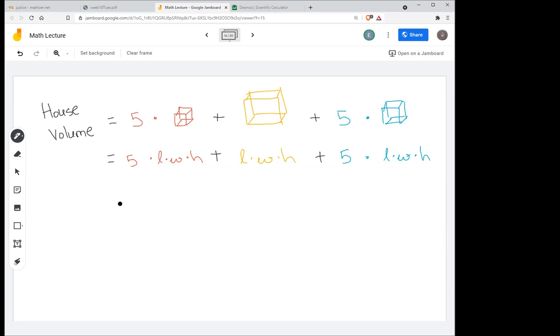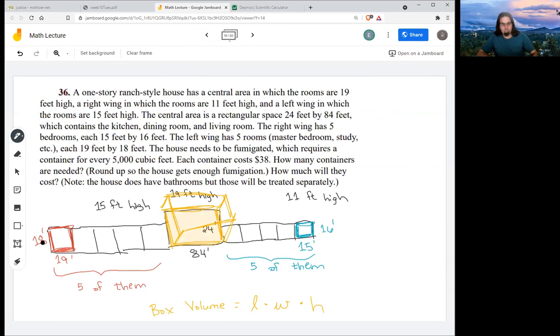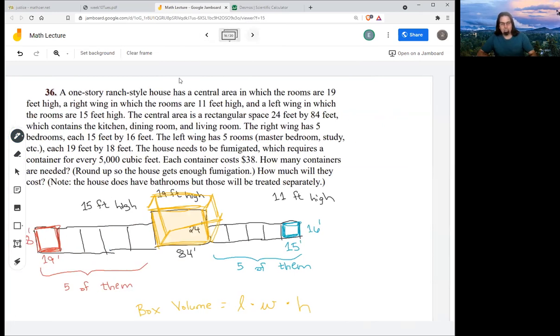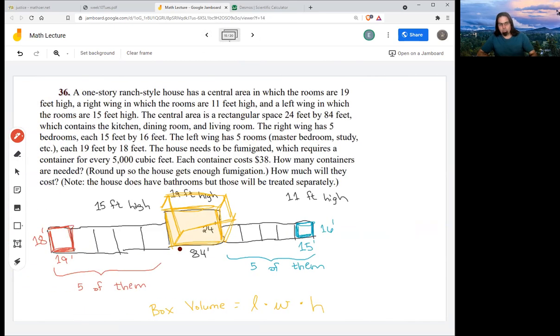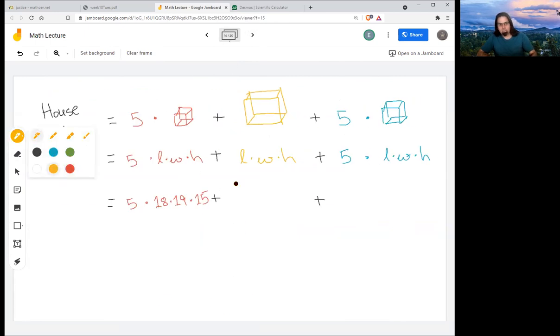I don't have any. Oh, okay. So that was 18, 19, and 15 was how tall those were. The big open area was 84 by 24 by 19, very big.